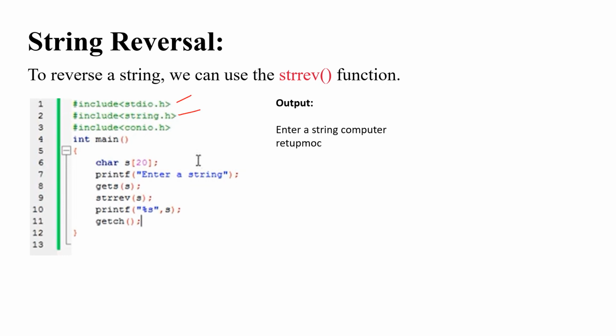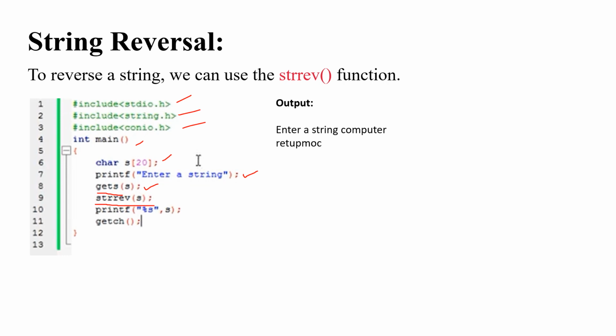So header files are included. Execution starts here. A character array is declared. Then user is asked to enter the string. So gets, the string value is obtained from the user. Then this is the actual function. String reverse, strrev, reverse of string.